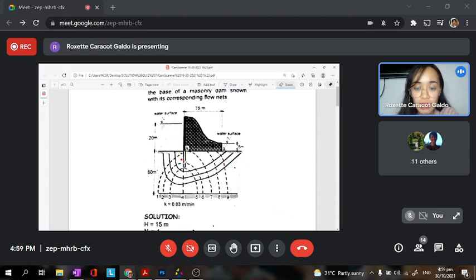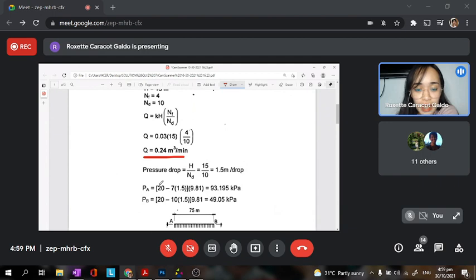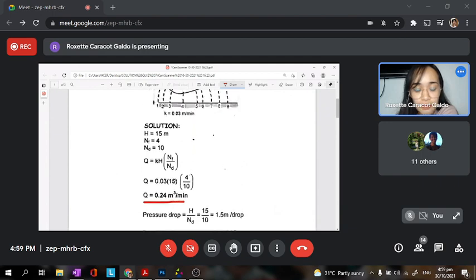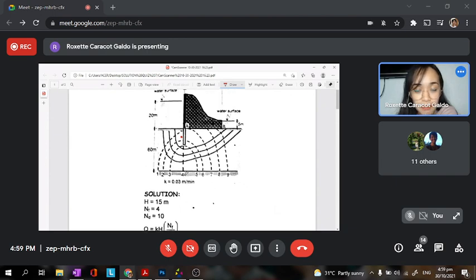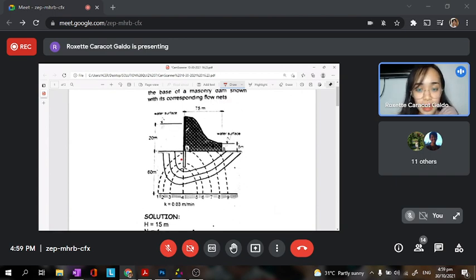Dili ka pwede makaingon nga mag-consider lang kada straight, rectangular strip kay varying ang atong pressure head within the permeable layer. So number one, ang atong i-solve when we deal with seepage problem is the head loss kada number of drop, so that is equal to the total pressure head divided by the number of drops.